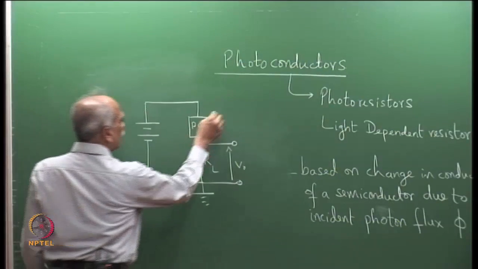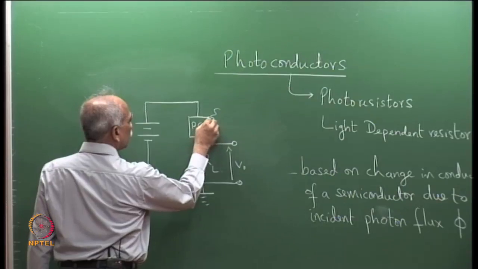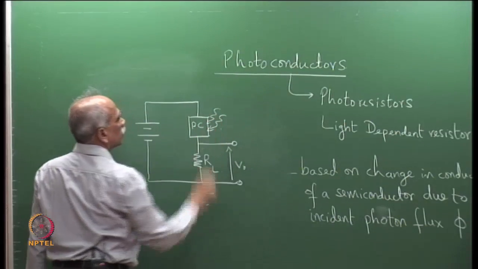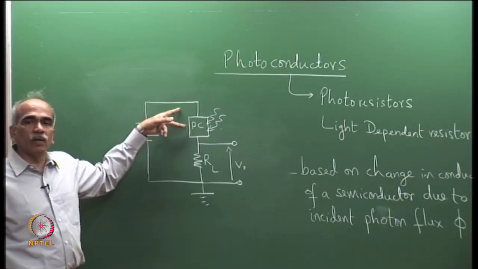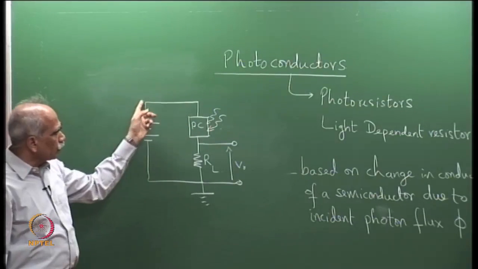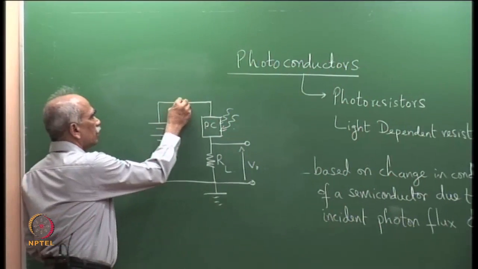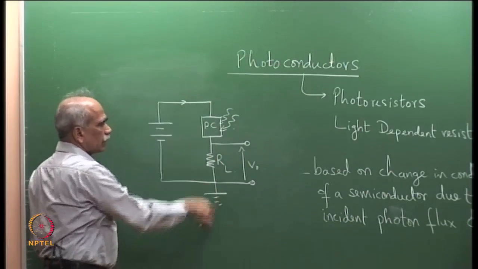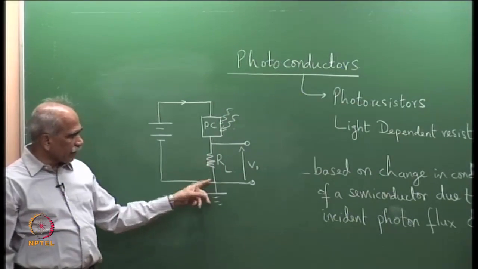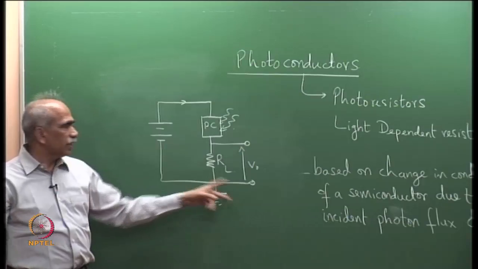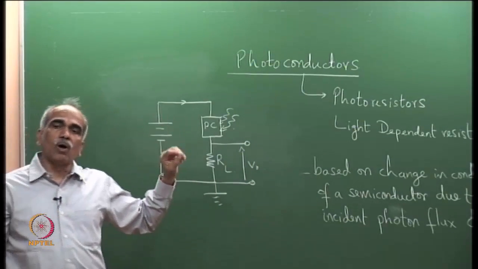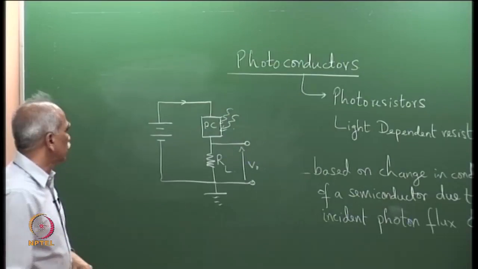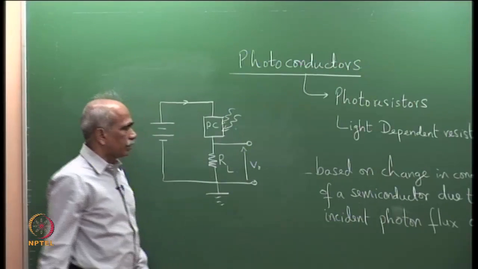Light is incident on the photoconductor, which changes the conductivity of this element, and hence the current through the device. So the current across the load resistance changes, and therefore you get an output. This is the basic configuration of use of a photoconductive detector.